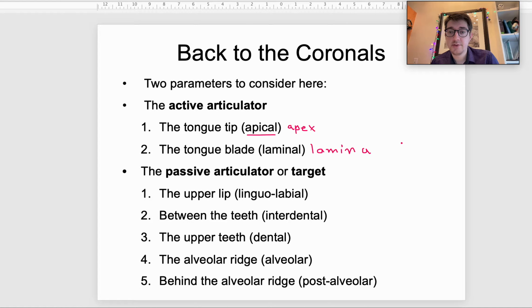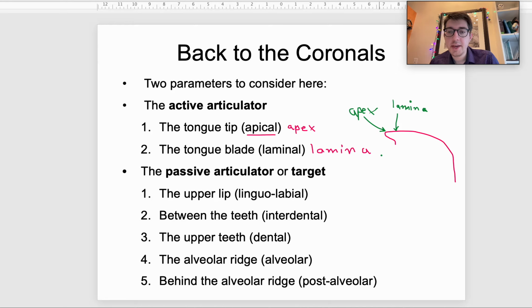So perhaps if you take a look at the tongue here, you might say this could be the tip, right? Apex, and behind it would be the blade or the lamina, right? The sounds that you make with apex are called apical. The sounds that you make with lamina are called laminal sounds.